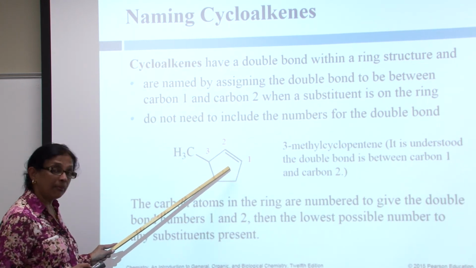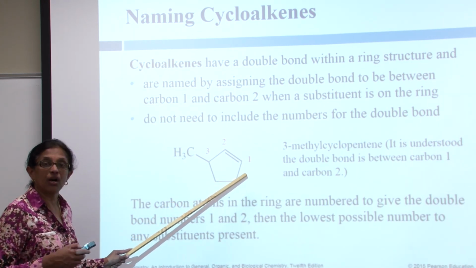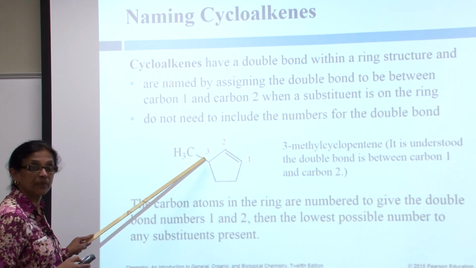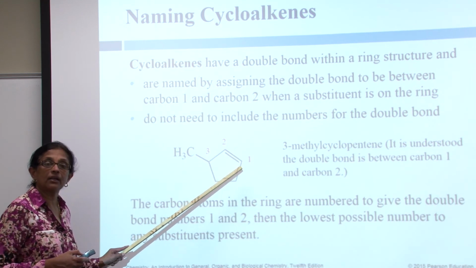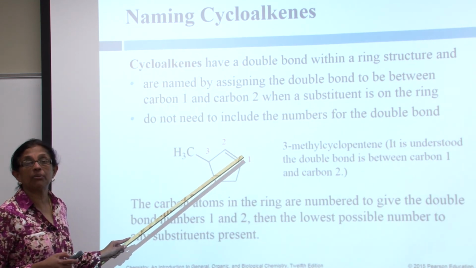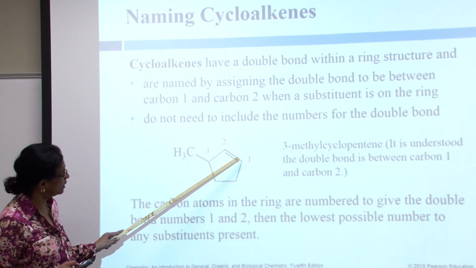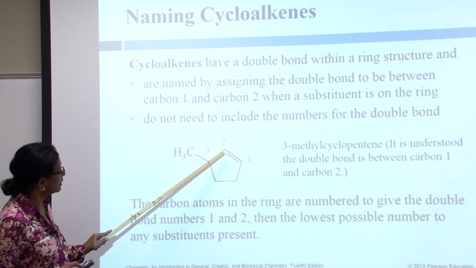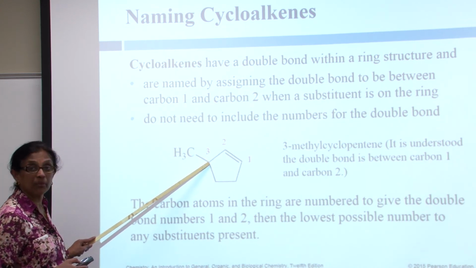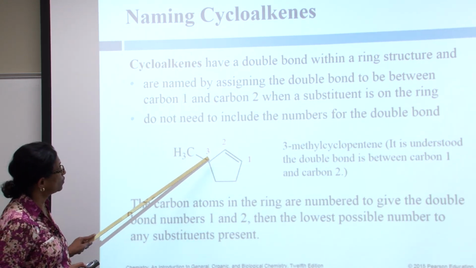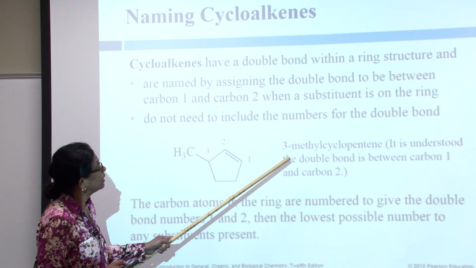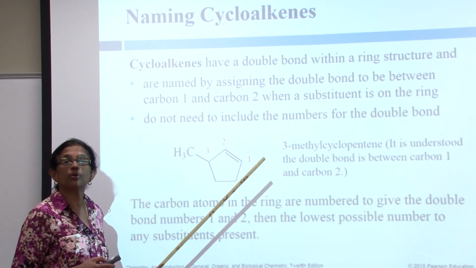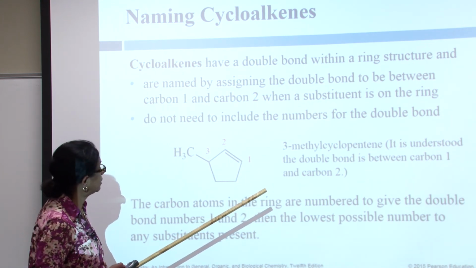Now I have to number the carbons because I have a double bond and a substituent. So I'm going to start numbering nearest to the double bond first. So 1, 2, 3. So this takes number 1 and the substituent takes number 3. Now if I go 1, 2, 3, 4, so I'm going to go to the lowest possible number.